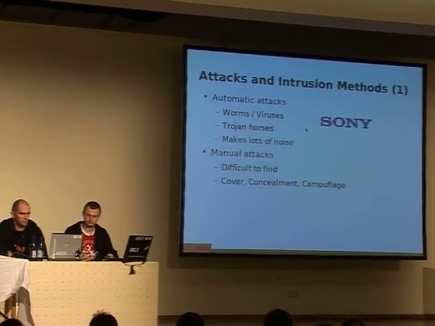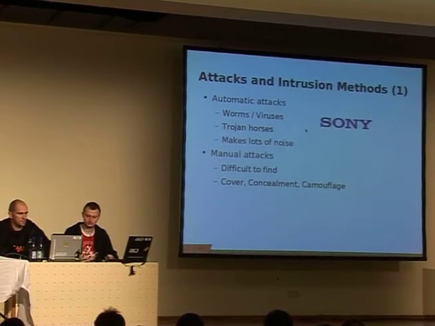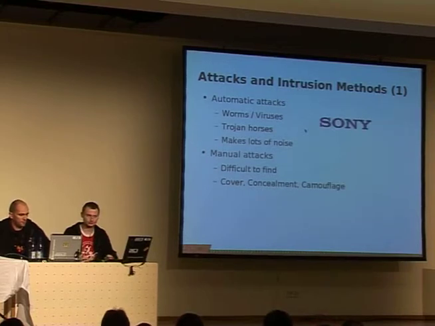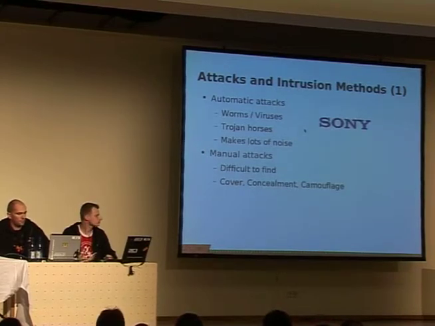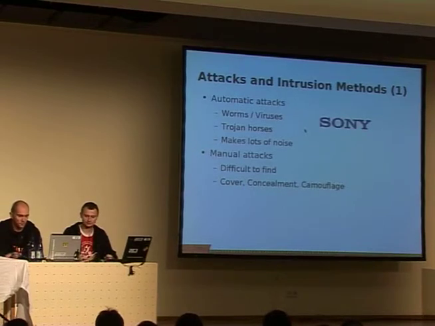I mean, they don't really try to cover themselves while they are spreading. Much more difficult to find are manual attacks using the CCC approach: cover, concealment, and camouflage. Those do not produce very much noise or basically things you can look for on your system or on the network.